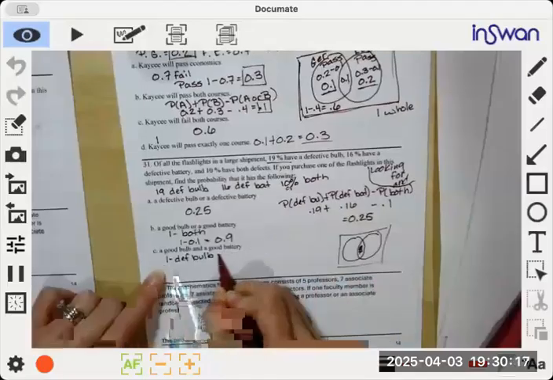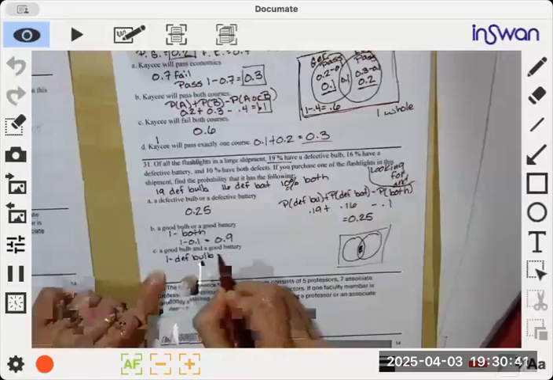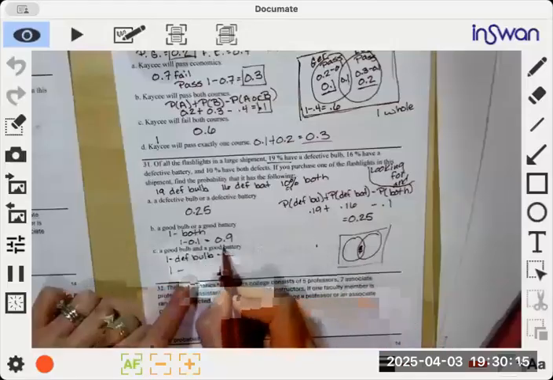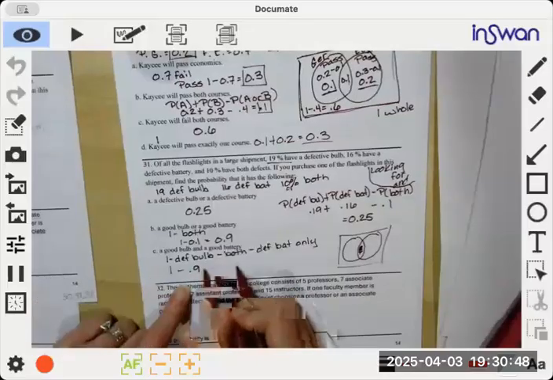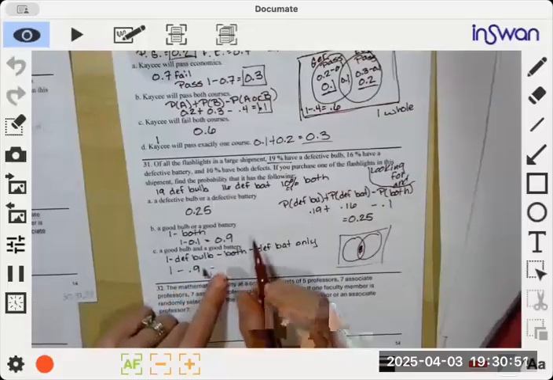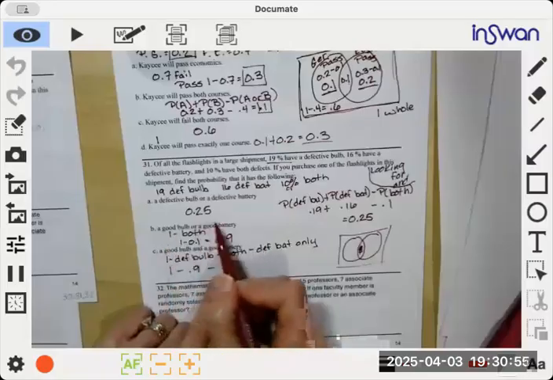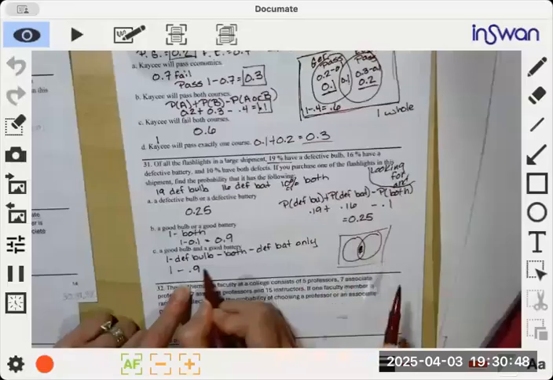So 1 minus the defective bulb, which is 0.9, minus the both, which is, no, we didn't do the Venn diagram.